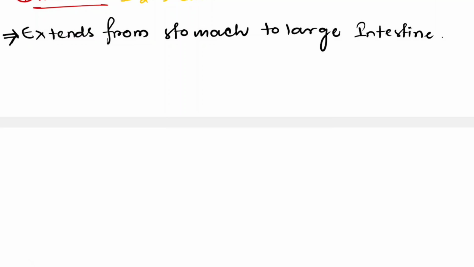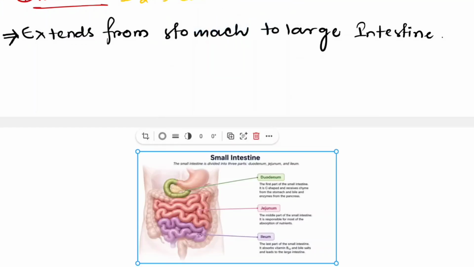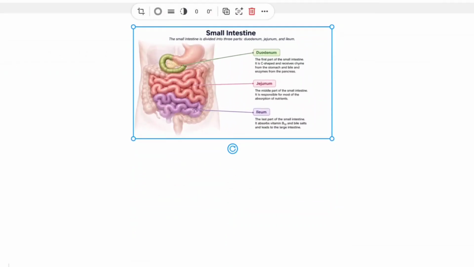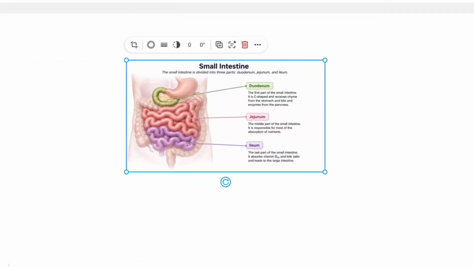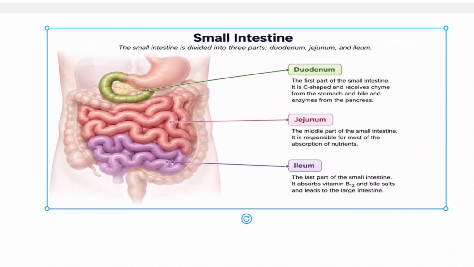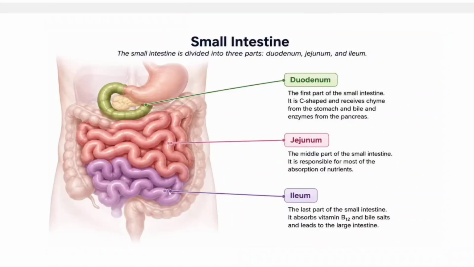Okay, next I will show you one picture. In this picture you can see the small intestine from the stomach.